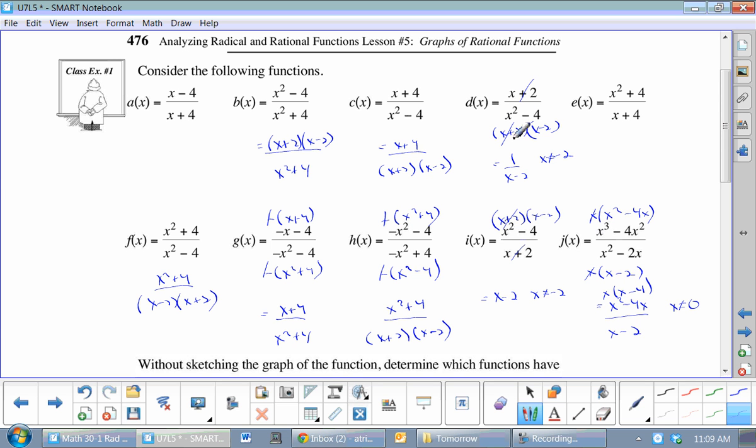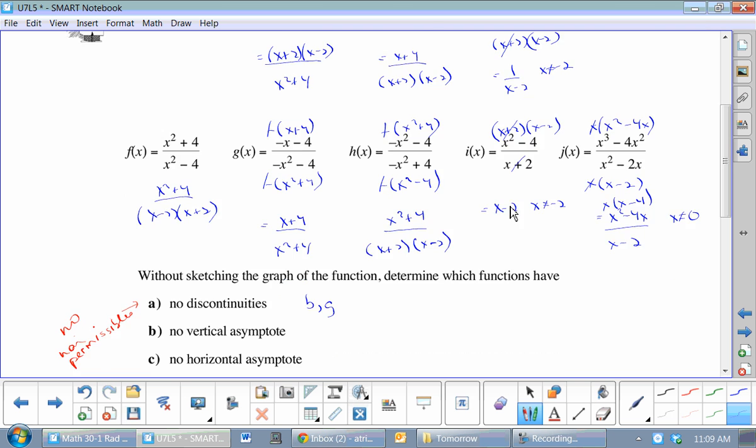So this one's going to have a point of discontinuity, but it will still have an asymptote here. That's a mixed, it's like a hybrid. It has all of them, vertical, horizontal, and has a point of discontinuity.